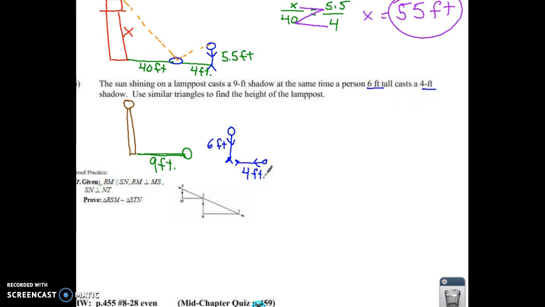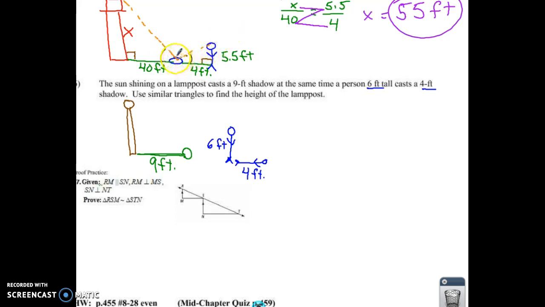So, and by the way, let's take a little break and go back up to the last problem. Why are these two triangles similar? Because this is a right angle, and these angles right here are going to be congruent.